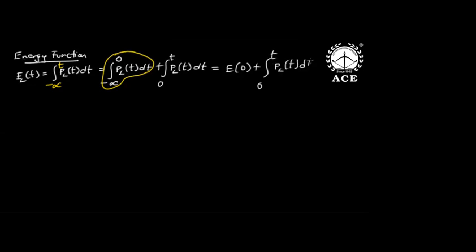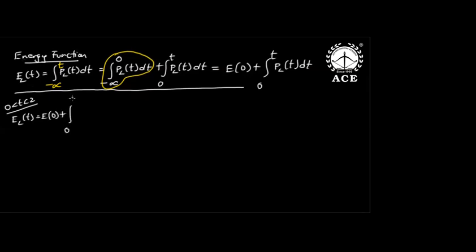If an initial condition is there, you have to consider it, because energy is an integration function. Now let us go further. First from 0 to 2 seconds, the same formula: energy will be E of 0 plus the integral from 0 to 2 of the power function.